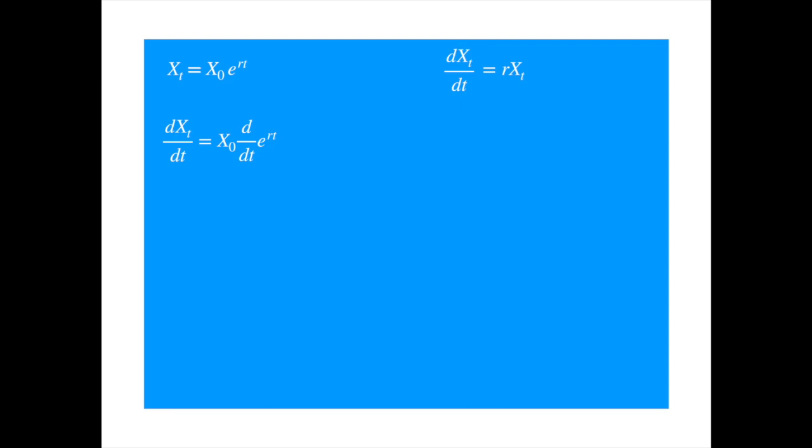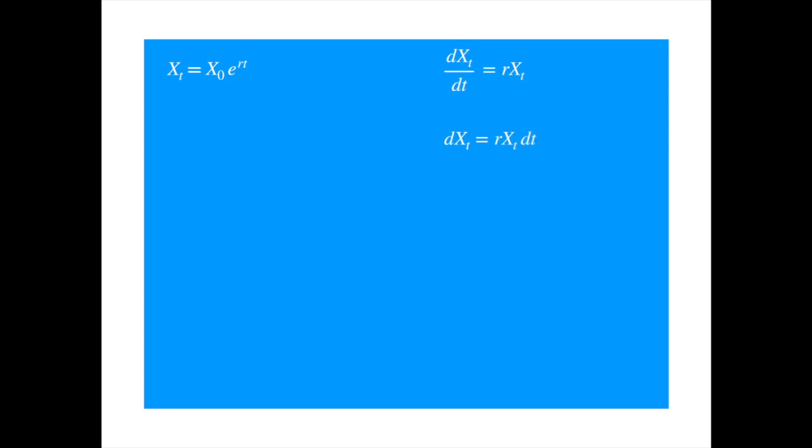Now we know the derivative of e to the power t is equal to itself, and we need to use the chain rule because the term in the exponent contains r times t, and we know x0 times e to the power rt equals xt, so we get the same result but faster. So we get the differential equation that produces this process. Solving this equation subject to x0 will give us the solution. You can also write this in the fancy differential form by shifting dt to the right hand side.